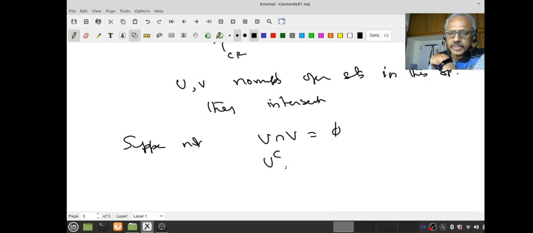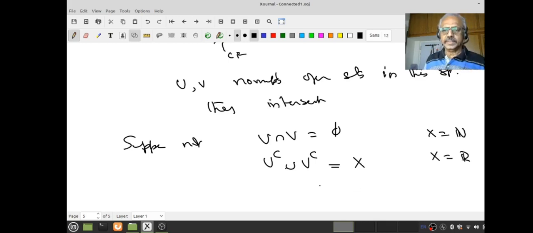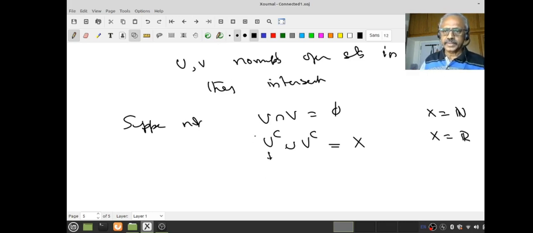Therefore U complement union V complement is all of the space, where X equals N or X equals R. Now in the case of N, U is not empty. Can U be all of X?